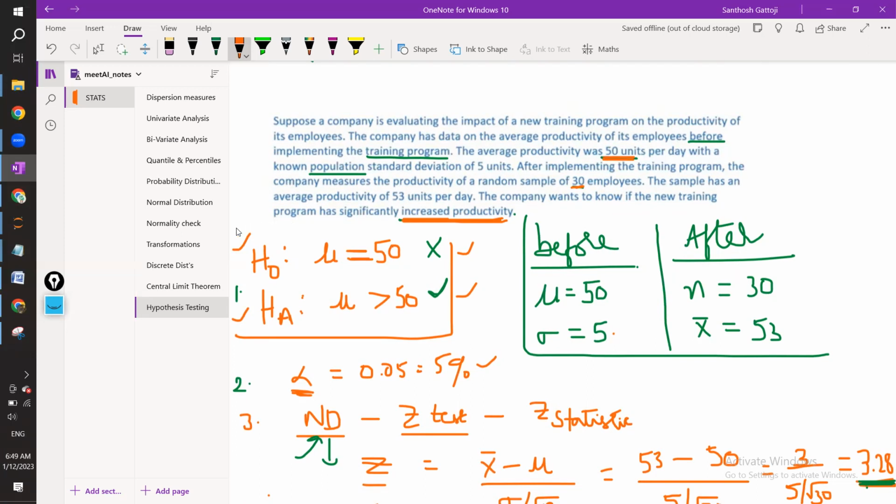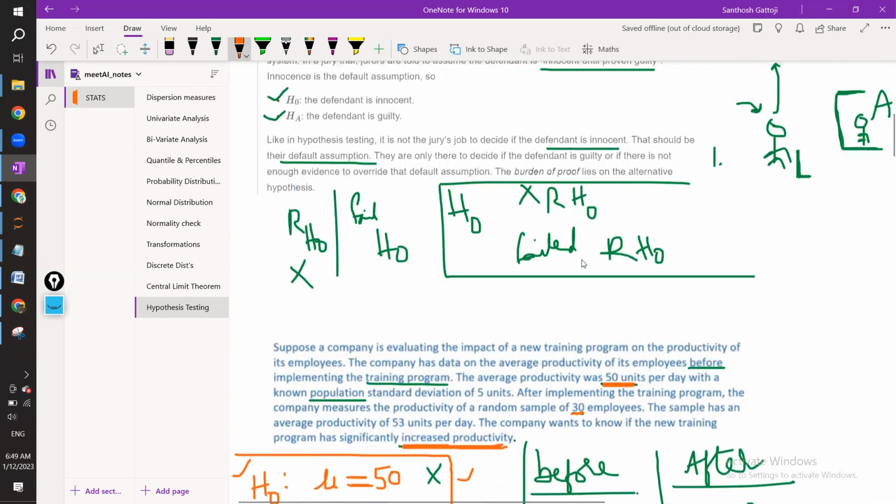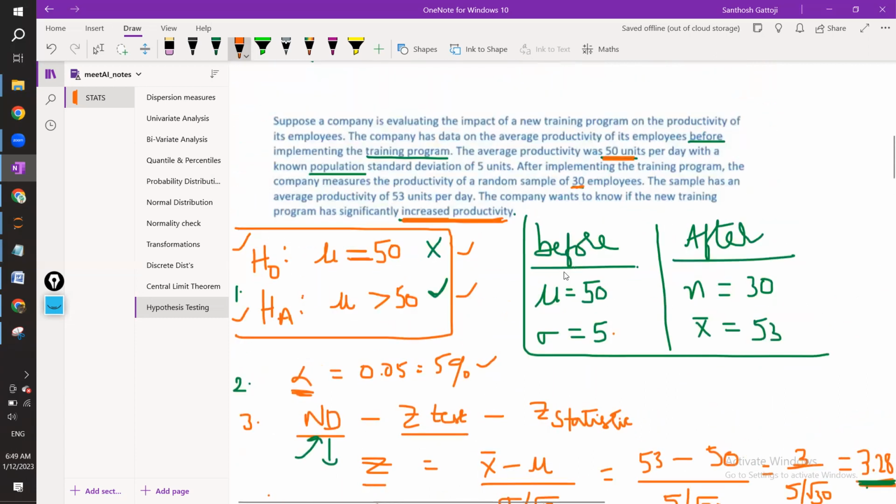What does hypothesis testing say? See guys, let's take a step back for a moment and try to understand it again. Whatever you get from the data, population, all these are details. Put that aside.